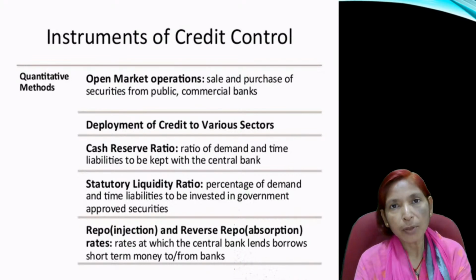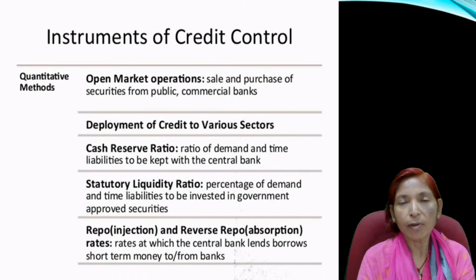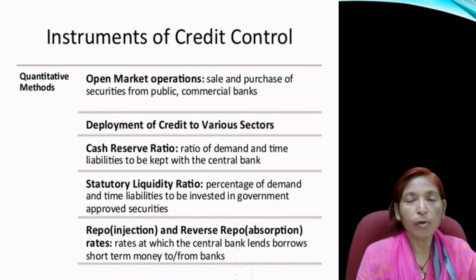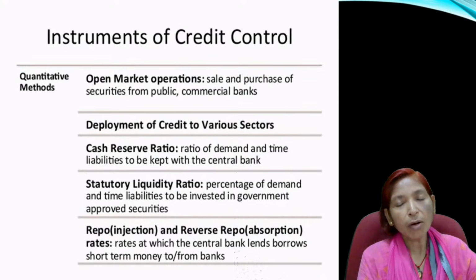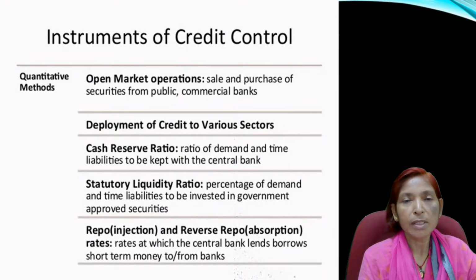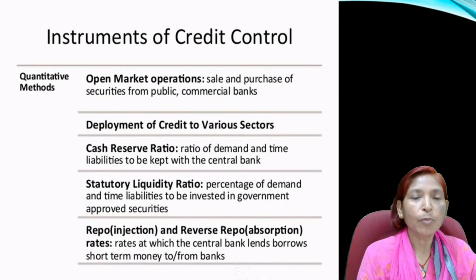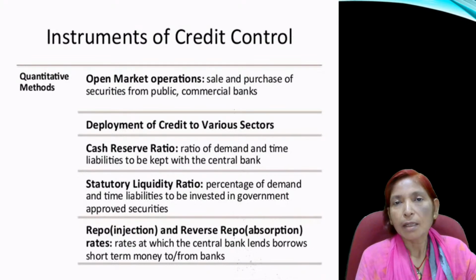But at the reverse repo rate, RBI takes borrowings from the commercial banks. So this is the difference between repo and reverse repo rate, and all these are the credit control instruments of RBI, and all these points are included in the quantitative methods of credit control.